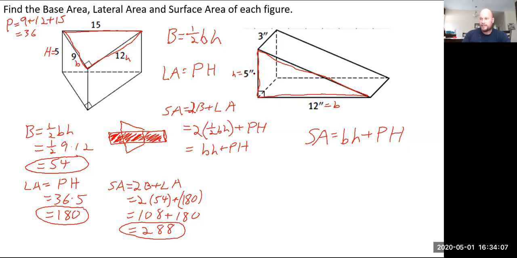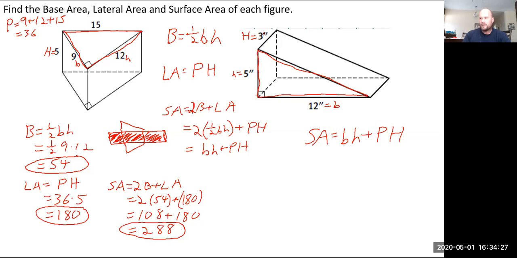It's not the height of the solid, and that's one of the things that people get confused the most. Yes, that looks like the height, and it is a height. It's a height for the base, this rectangle that is my base. The height of the solid is the 3 that's back here, because that's the perpendicular distance between the 2 bases, which are the right triangles.